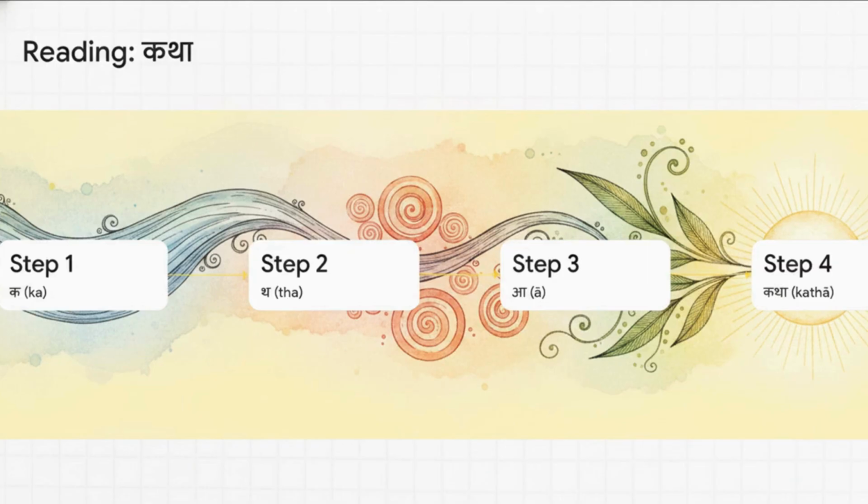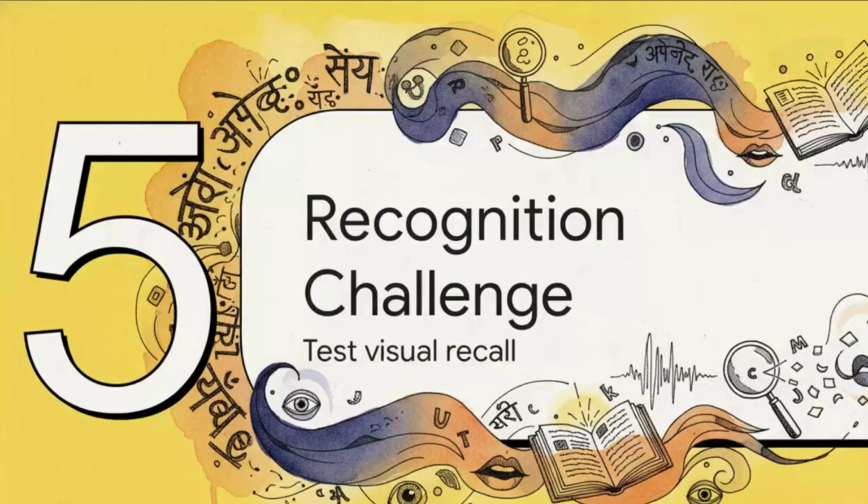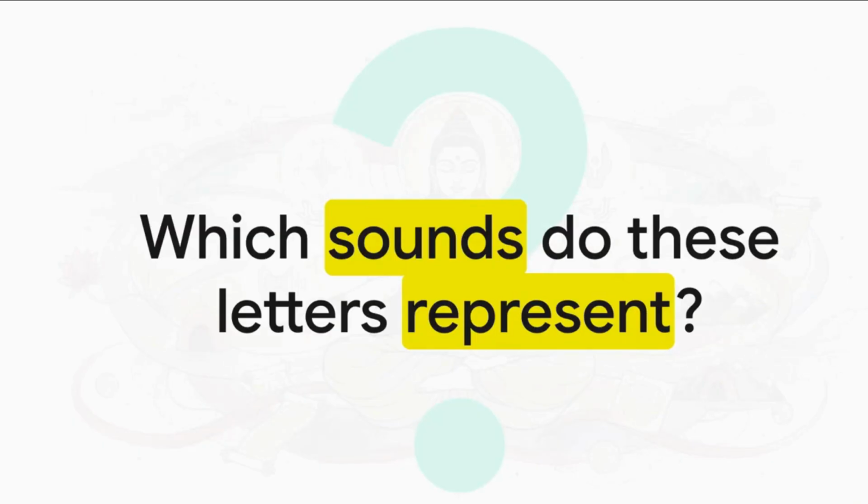First letter is ka, second letter is dha and the a matra. So we have to read it as kadha. Kadha. Correct. Notice what you just did. You didn't memorize the word. You decoded the letters and read it. That is exactly what we are learning to do in this reading challenge.